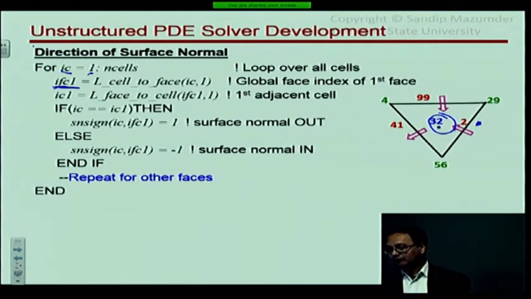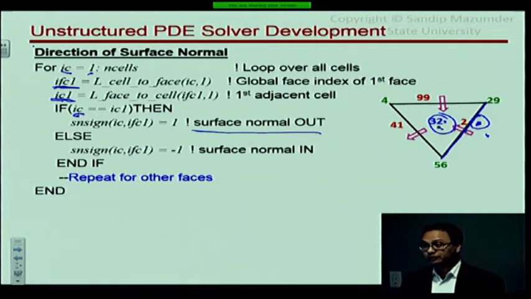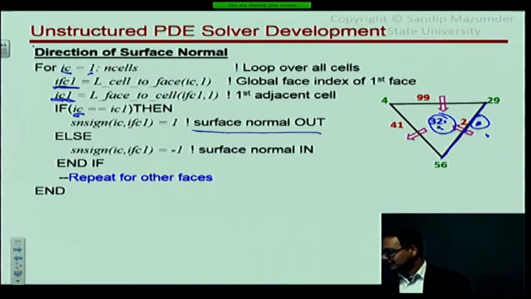From the face number, I calculate what is cell number 1 of that face. Is it this one or that one? I'm calling that IC1, the cell number 1 from that face. If that number is equal to the cell from which I approached that face, then the surface normal is already pointing outward, because IC becomes equal to IC1.